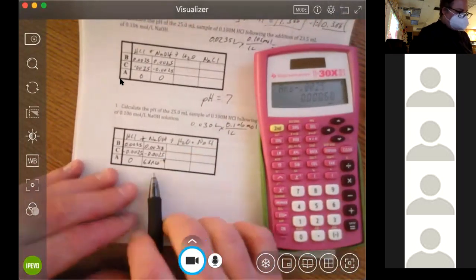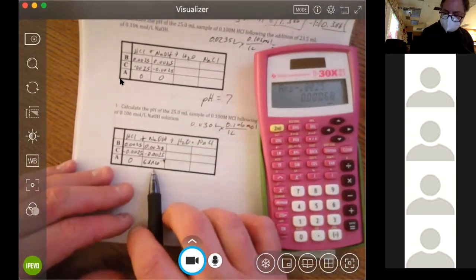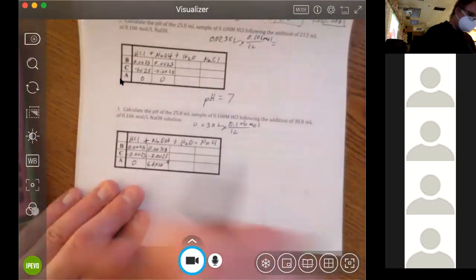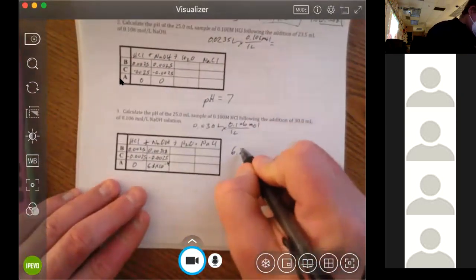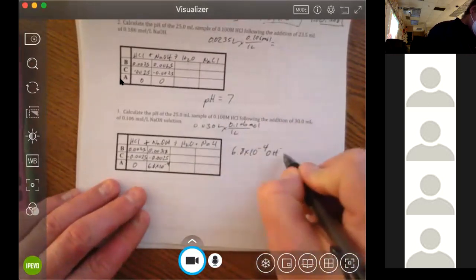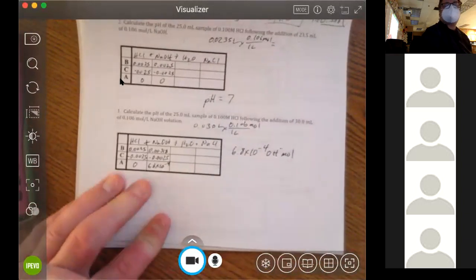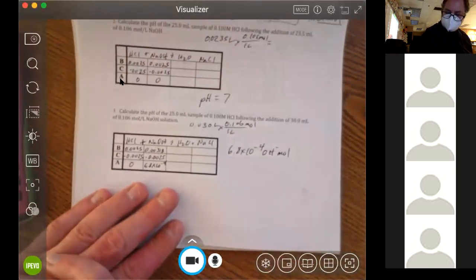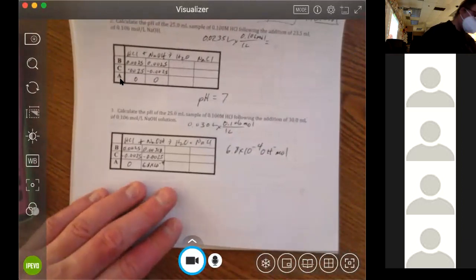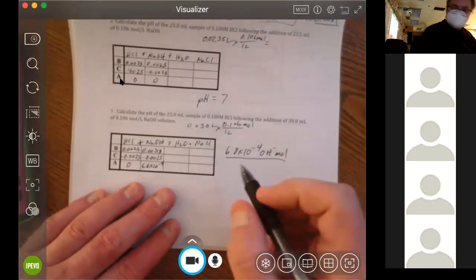Well, what is this 6.8 times 10 to the negative 4th? This is what ion? OH. That is the moles of the OH. So in order to find the concentration, I need to now take it and divide it by what? Good. The new volume, Gabe.